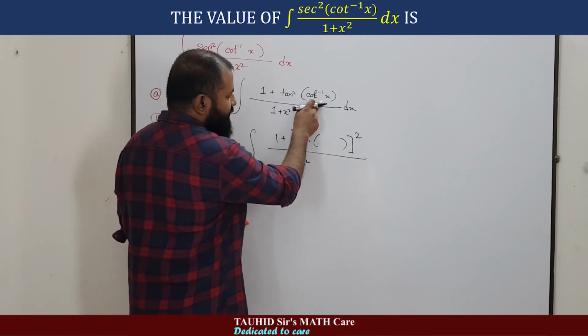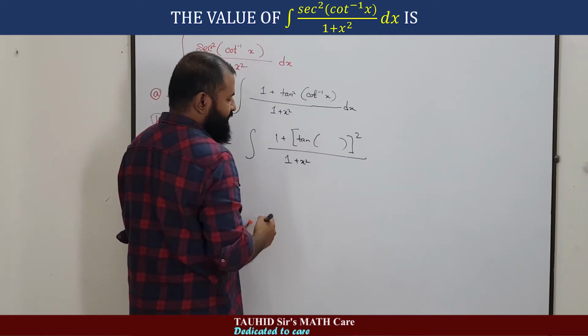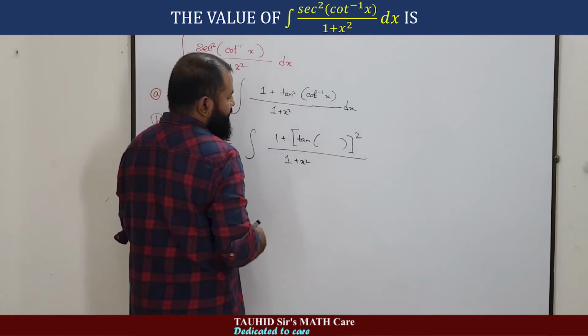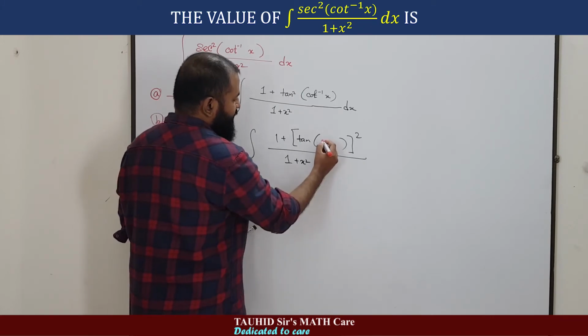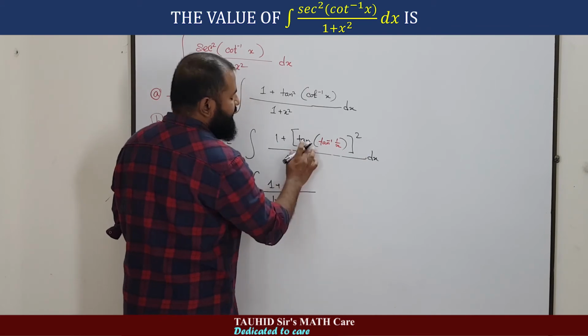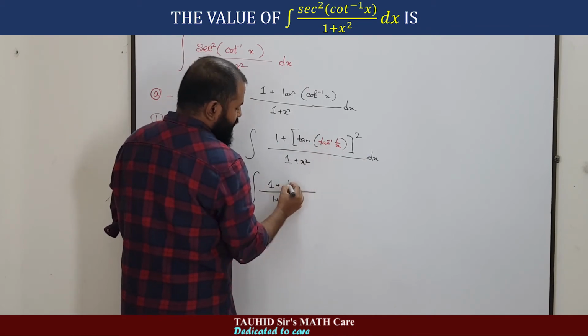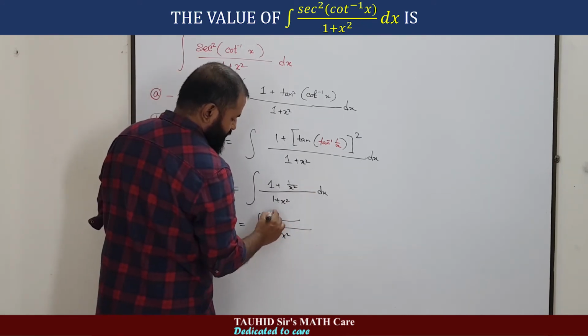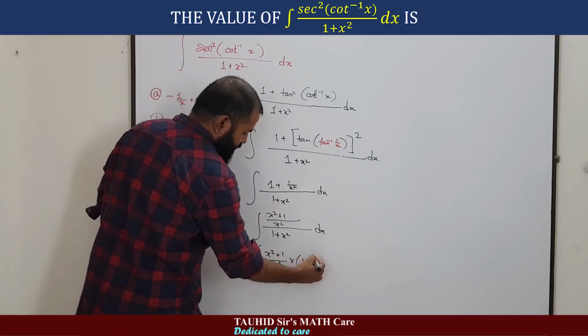You know that tan square theta and tan theta whole square are the same. And cot inverse x, you can write it as tan inverse 1 by x. Tan inverse cancels each other, 1 by x whole square, that means 1 by x square.